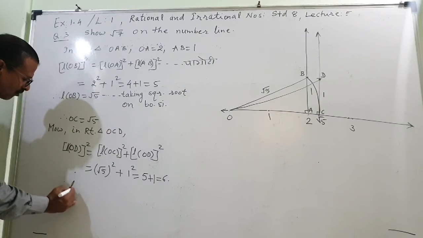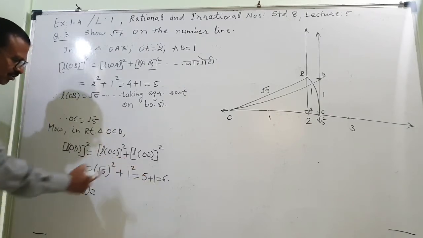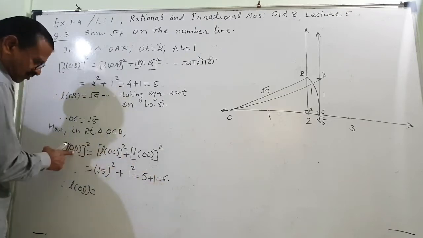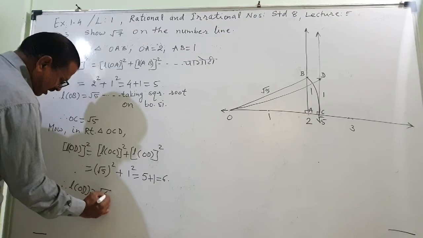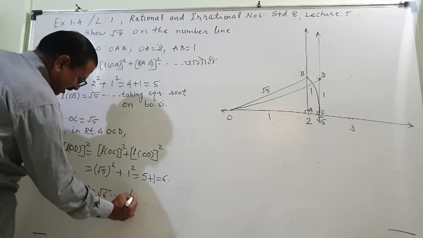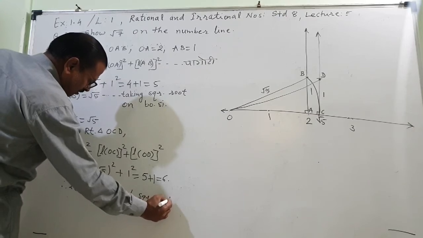Therefore, OD square is equal to 6. So OD is equal to how much? Root 6, taking square root.